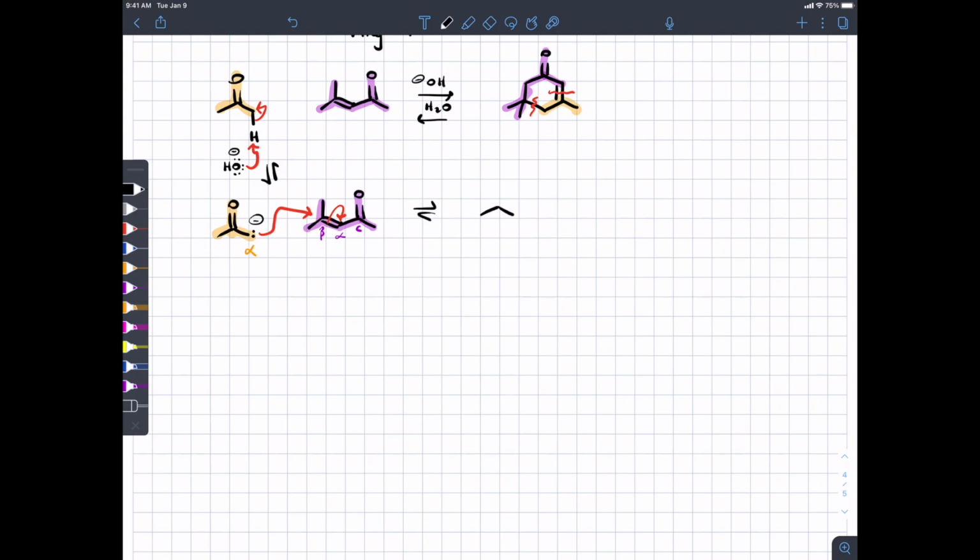And this will create a new bond between orange alpha carbon and purple beta carbon, and we'll put a negative charge on purple alpha carbon.